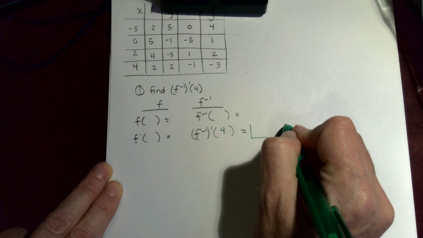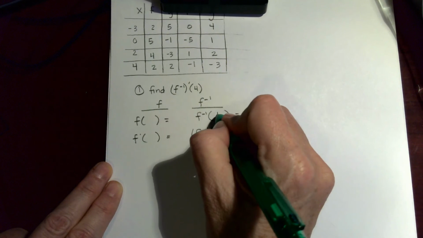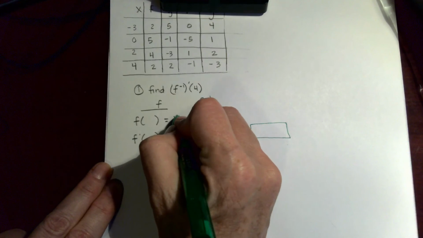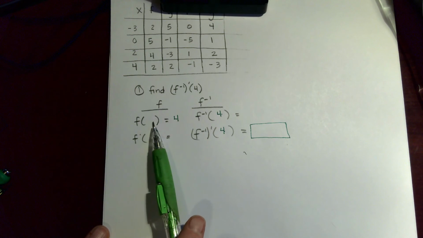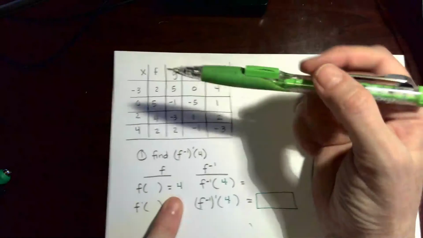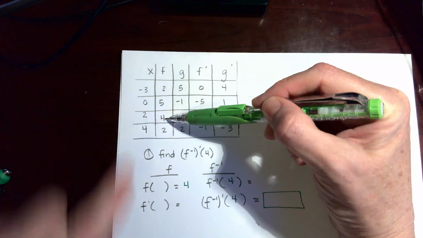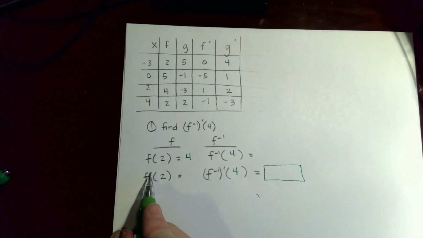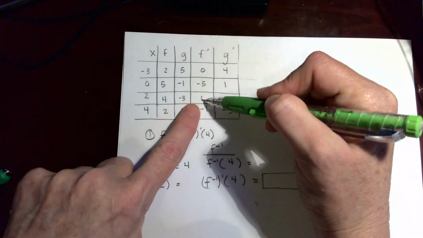I'm just going to put a box because that's going to be my answer. So if a 4 goes here, a 4 goes there. If that's x on the inverse, it's y on the original. Okay, f of what is equal to 4? Okay, so f of 2 is equal to 4. Okay, so now I'm going to find f prime at 2. Okay, f prime at 2 is 1.